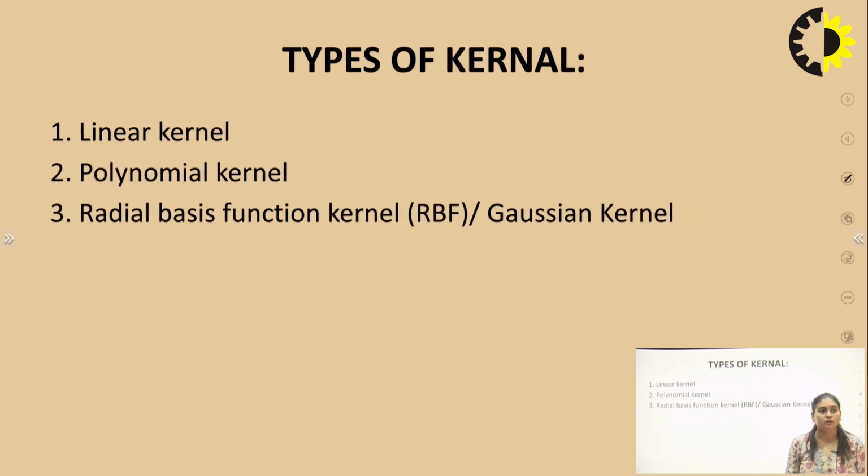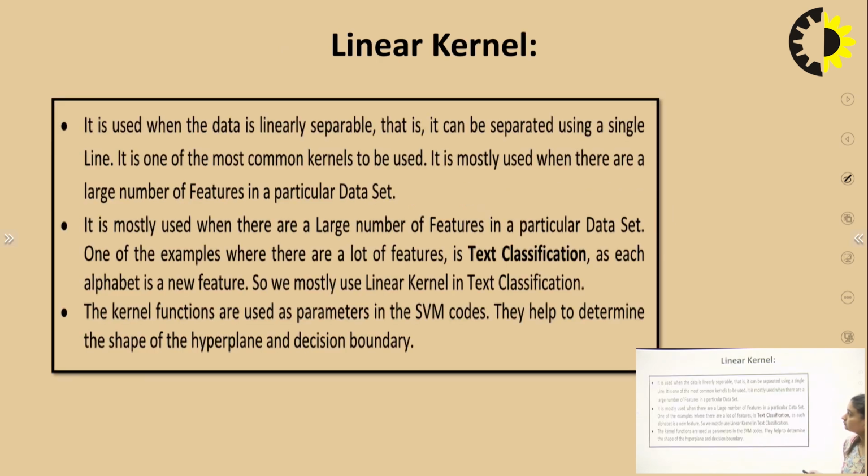The types of kernels are mainly three. First is linear, then polynomial, and then RBF, or radial basis function kernel, whose other name is Gaussian kernel. Linear is very simple. When the data is linearly separable, it can be separated using a single line, as simple as that. It is one of the common kernels to be used, and it is mostly used when there is a large number of features.